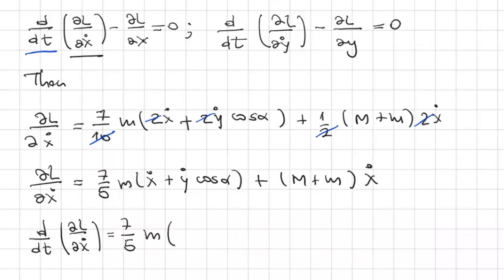The derivative with respect to time of x dot is x double dot, plus the derivative with respect to time of y dot is y double dot, cosine of alpha. We don't take the derivative with respect to time of cosine of alpha because alpha is constant, okay? Plus (M plus m) x double dot, as we already know.